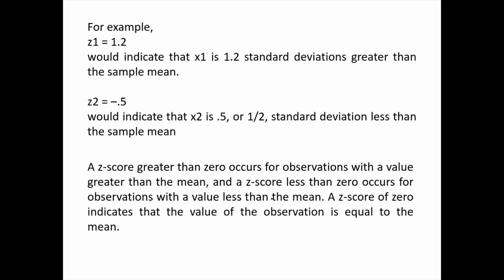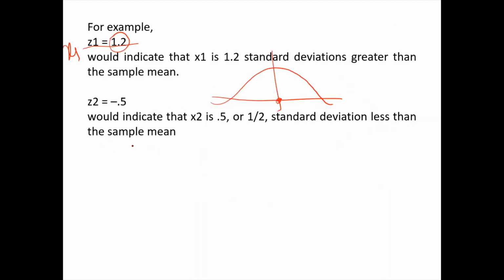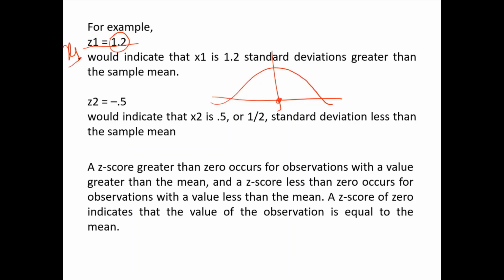If I try to plot this x1 on my curve, how can I plot it? We calculate zi for xi. For each xi, the distance will be zi. So for x1, z1 says 1.2. That means the distance from the mean is 1.2.